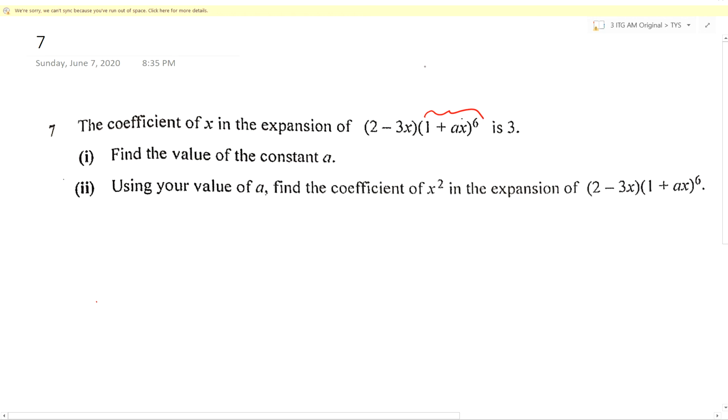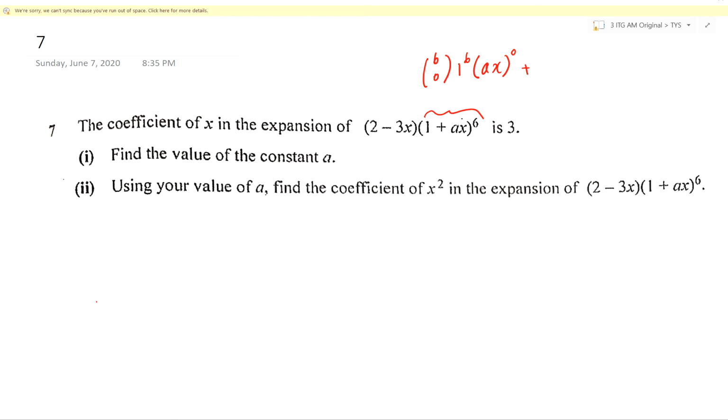This, when expanded, will give us 6 choose 0 times 1 power 6 times ax power 0. This is our first term of the binomial. Yes, T r plus 1 is the general term.